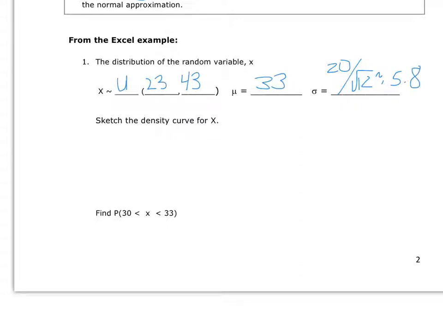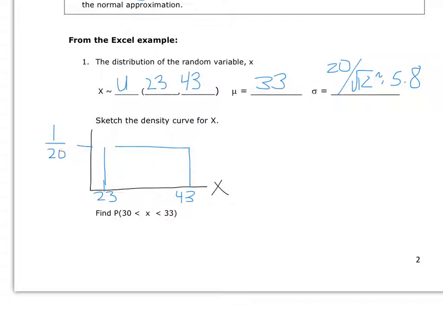So if we sketch the density curve, along the horizontal, we have the x values, and those go from 23 to 43, and the height is 1 over the difference between the min and the max, so that was 1 over 20.